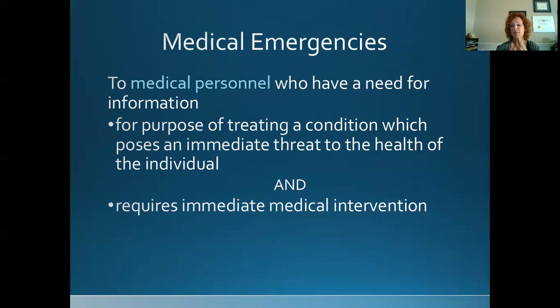It states that in medical emergencies, Part 2 protected information can be disclosed without the person's authorization to medical personnel who have a need for the information for the purpose of treating a condition which poses an immediate threat to the health of the person and that requires immediate medical intervention. So it is very specific: it has to be for an emergency medical need, and it has to be a disclosure to medical personnel who are treating that emergency medical need.